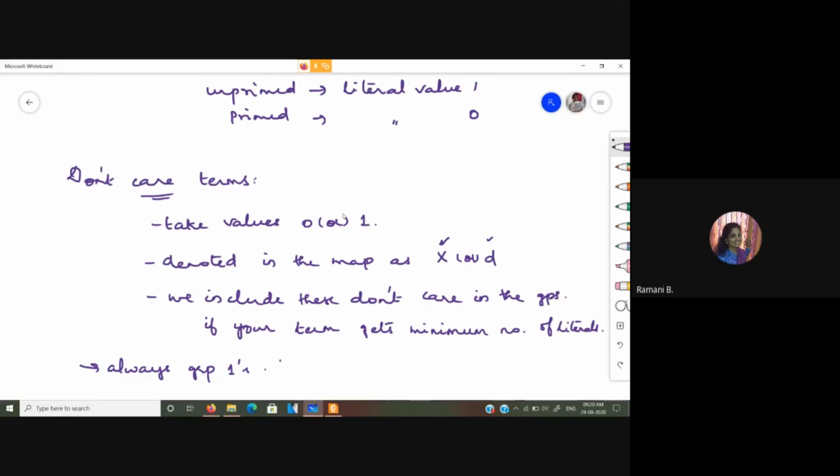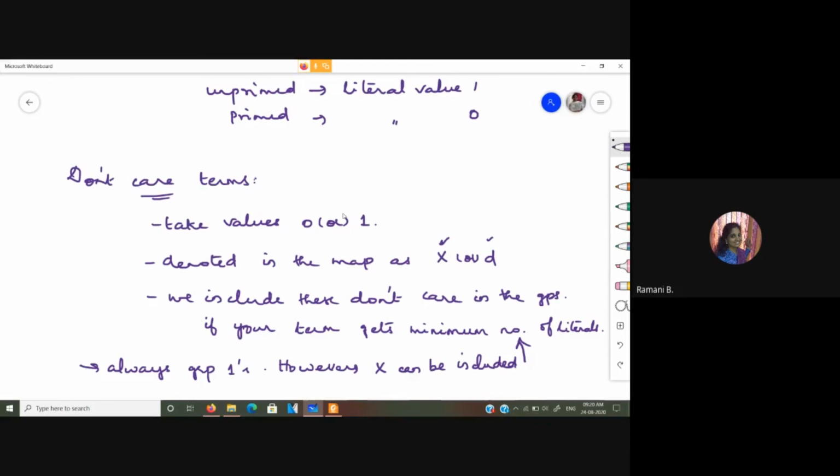However, X can be included, that is, don't cares can be included if I am going to get a minimum number of literals. Your aim should not be to cover all the don't cares, because it can have either a 0 or 1.